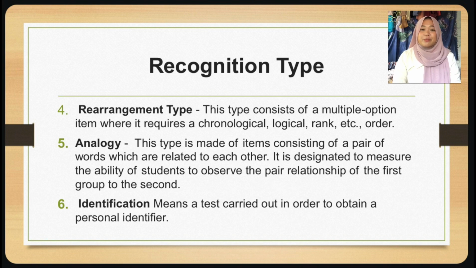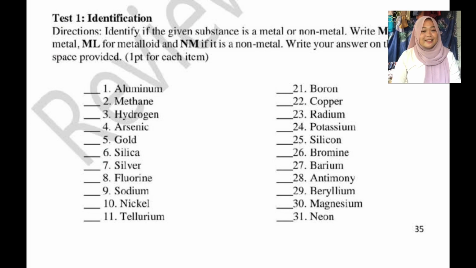This type of assessment assesses the individual's ability to recall and recognize information. Identification assessment can be used in various subjects and can include tasks like identifying parts of a diagram, labeling geographical locations, or recognizing specific terms or concepts. So here's an example.